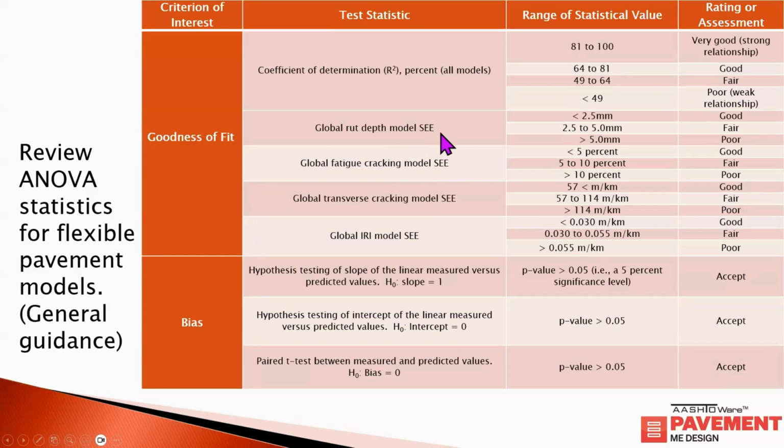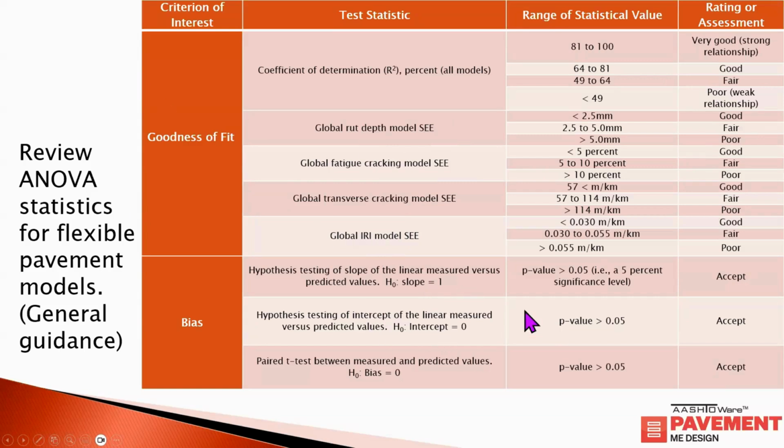And then there's a recommended standard error of estimate, or again, the standard deviation of the residual errors, ranging from good to poor for rutting, for fatigue cracking, transverse cracking, IRI. This is for, of course, flexible models.